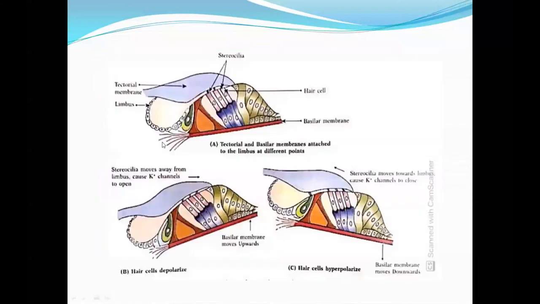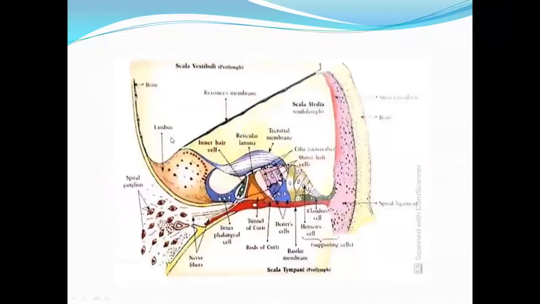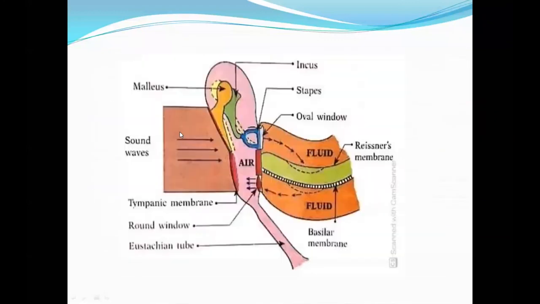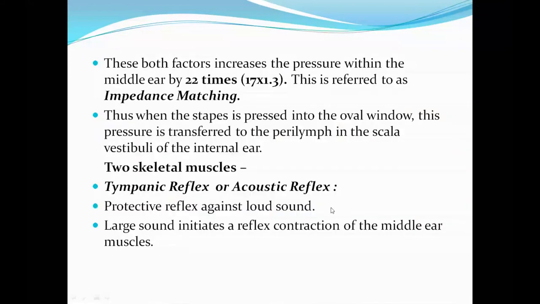Here we can see the diagram. See, as the sound reaches, the footplate of the stapes moves inside, it puts pressure, and this Reissner's membrane presses downwards and also leads to the movement of the basilar membrane downwards.